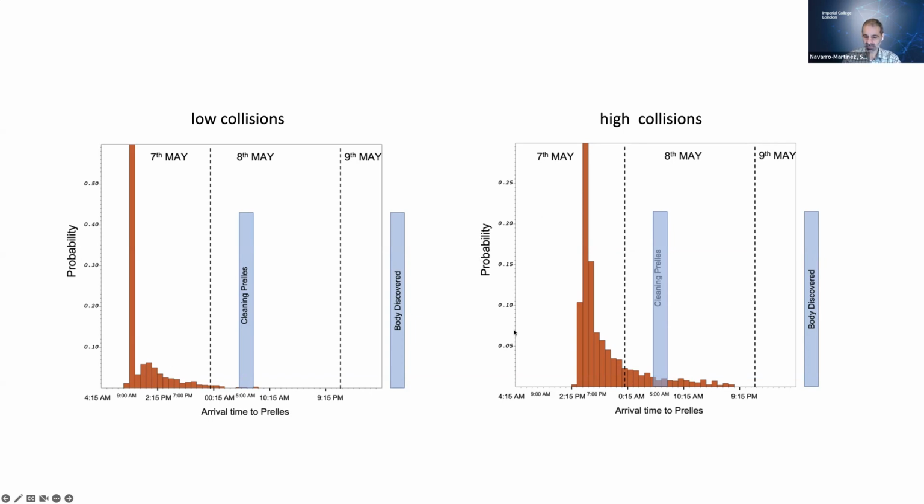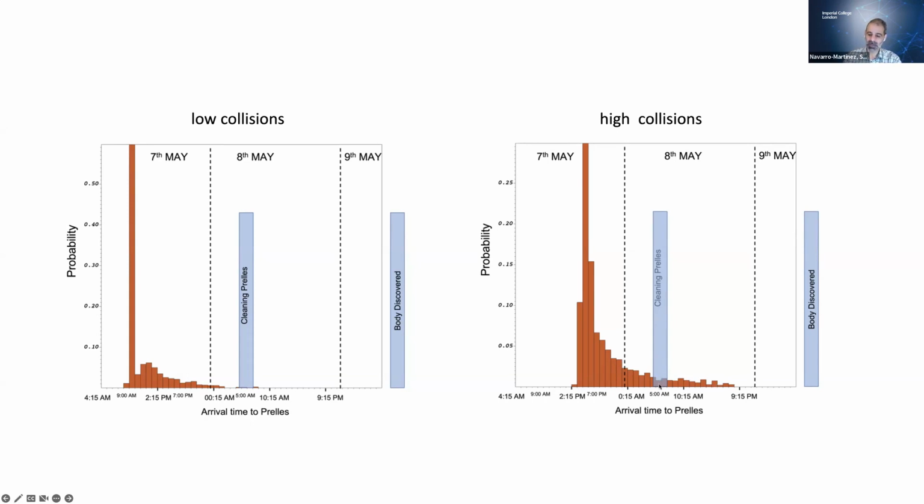In the second scenario, there is a high rate of collisions. We still have a big bunch of fast bodies. However, they arrive much later, at 2 p.m. in the afternoon the next day, the 7th of May. There is also a big tail of bodies arriving.